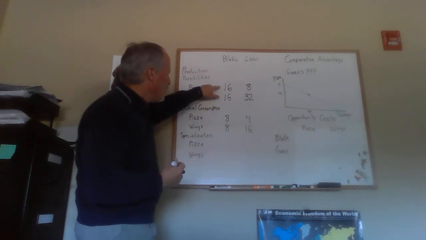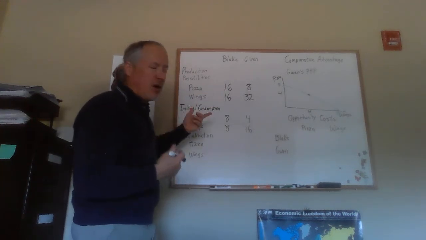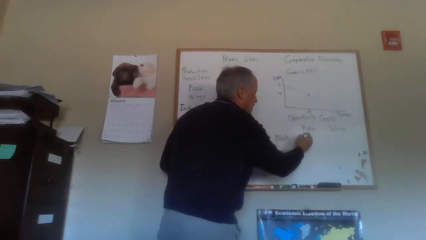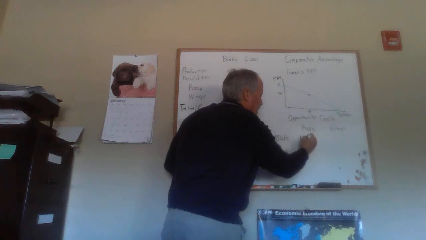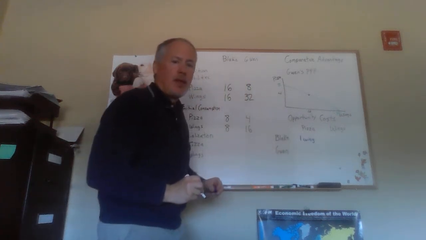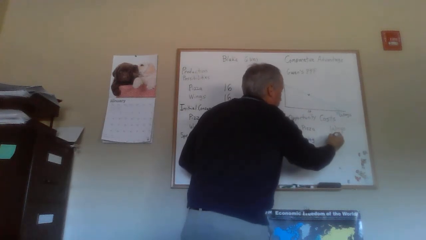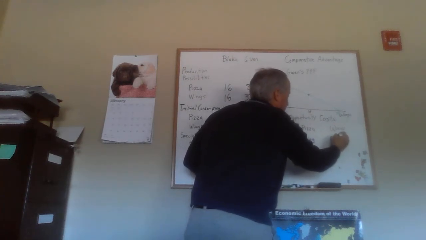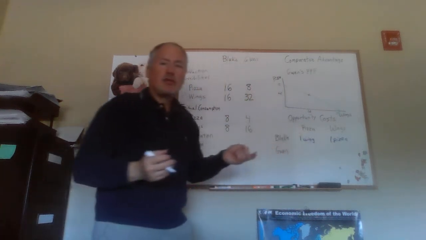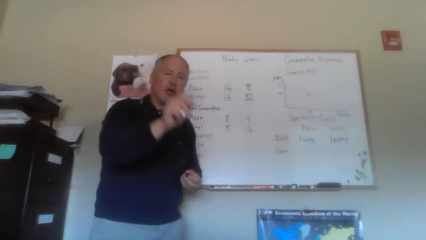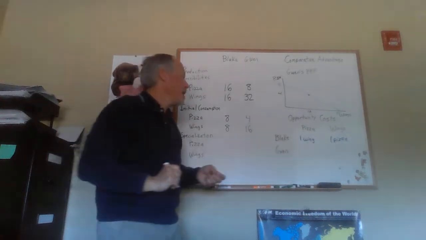And Blake's got a 1-to-1 ratio here. So it's always going to be the case for him that in the time he could make a pizza, he could make one wing. And his cost for wings would be 1 pizza as well. So his opportunity cost of making a pizza is 1 wing, and his opportunity cost of making a wing is 1 pizza.